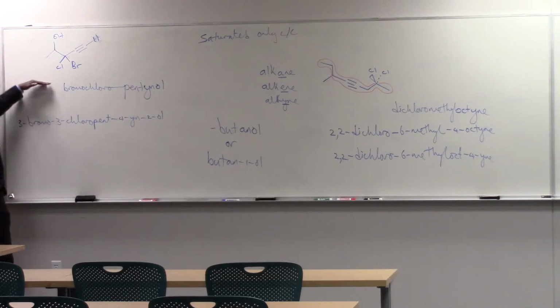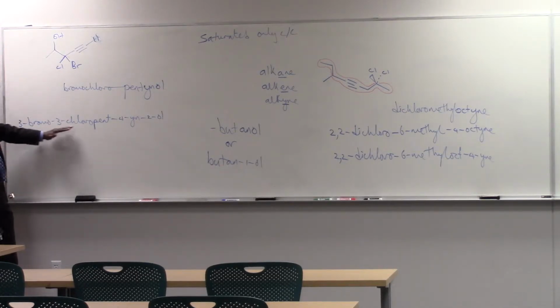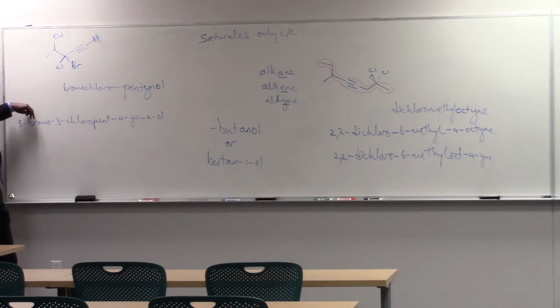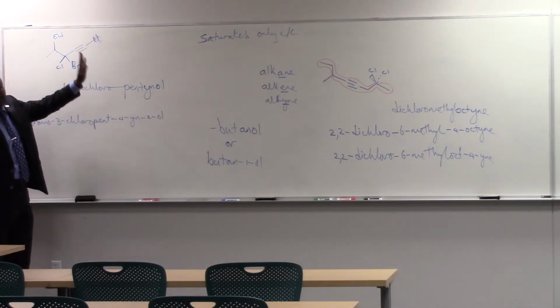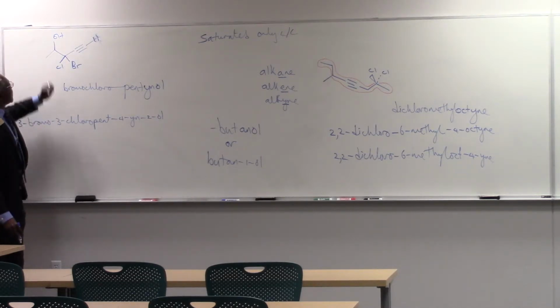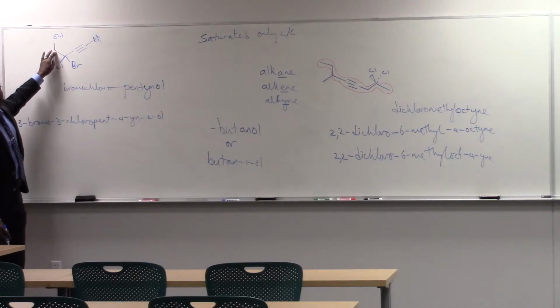So I alphabetize B before C. So it's 3-bromo, 3-chloro, pent-4-yn, I say where the triple bond starts, and then 2-ol for where the hydroxy group is.